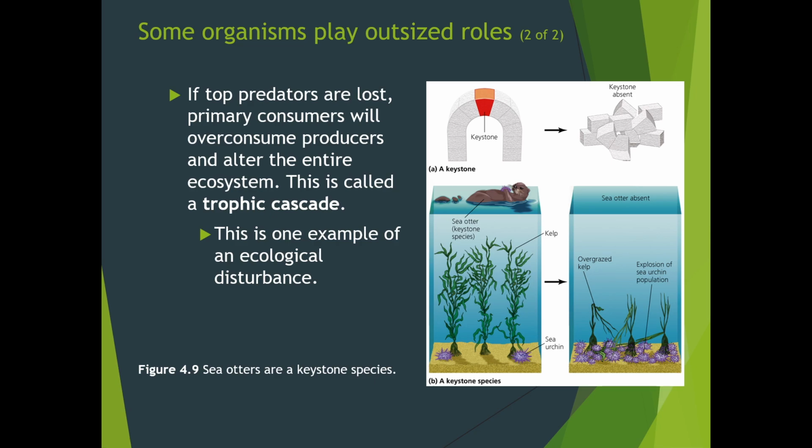But this is such an interesting story because the sea urchins are the only ones that really eat the kelp, so they kept the kelp from getting out of hand. And then the sea otters kept the sea urchins from getting out of hand. So it was a big long circle.